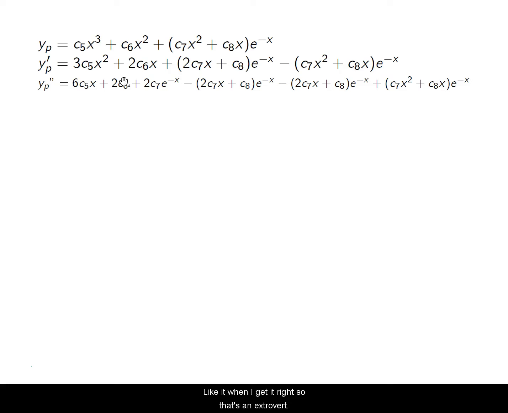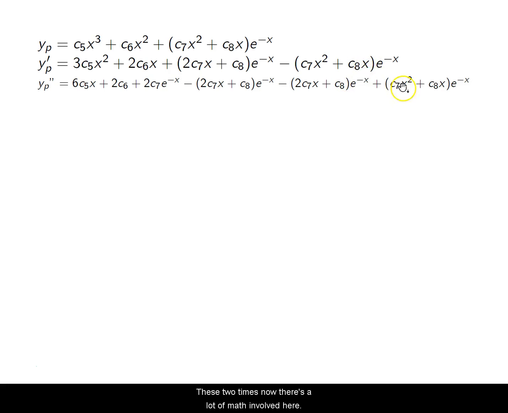So let's do the next derivative. The 2 and the 3 give us the 6. This gives us just a constant. Here, using the product rule, the constant part goes away and this drops down in power. So you have 2c7 times e to the x, and then the second part of the product rule, and here the product rule gives us these two terms.